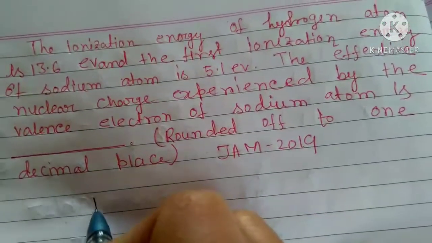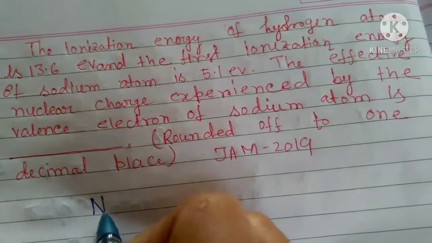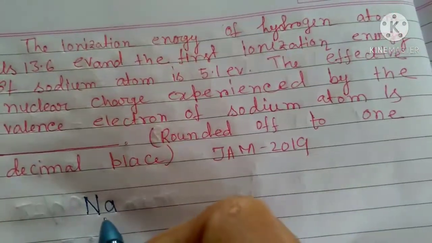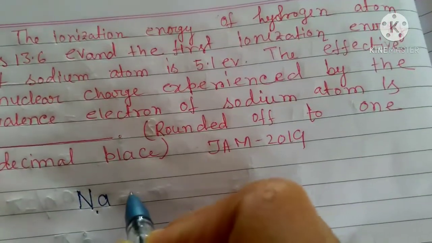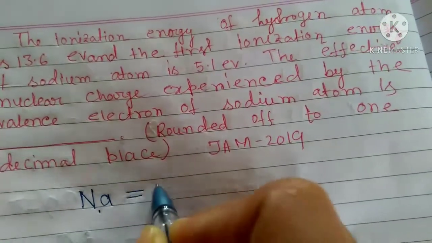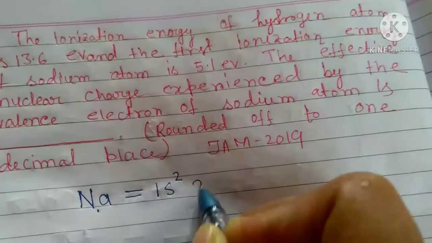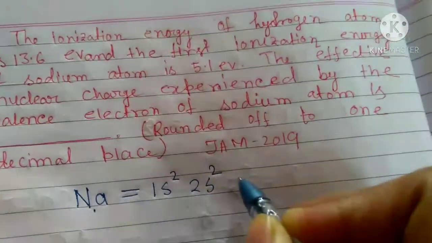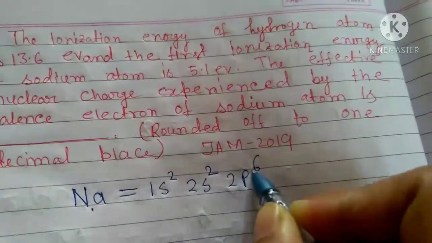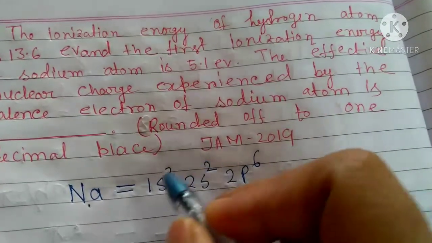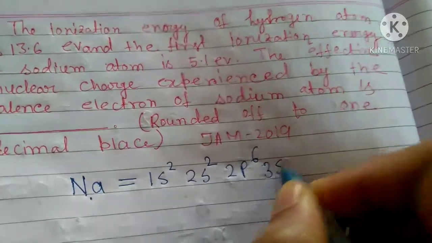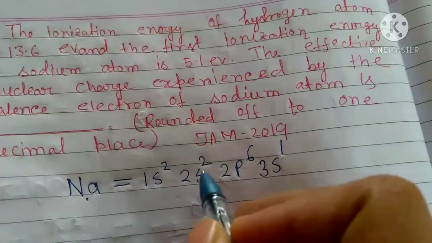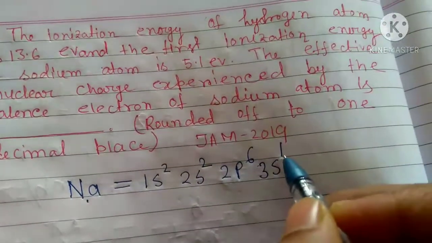Now sodium, we know atomic number is 11. Okay, so 11 electrons are there, that is 1s2, 2s2, 2p6, 3s1.